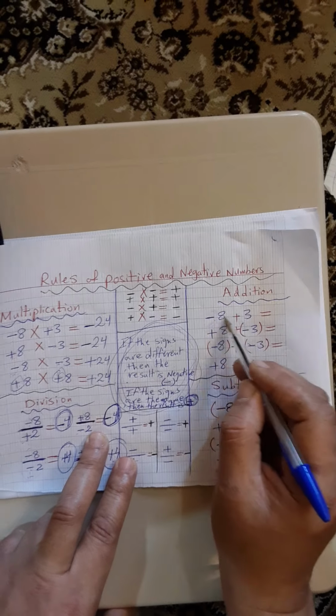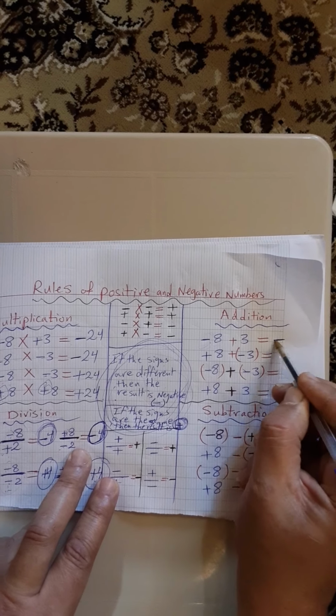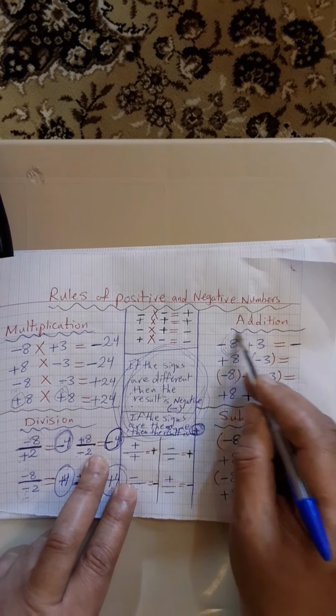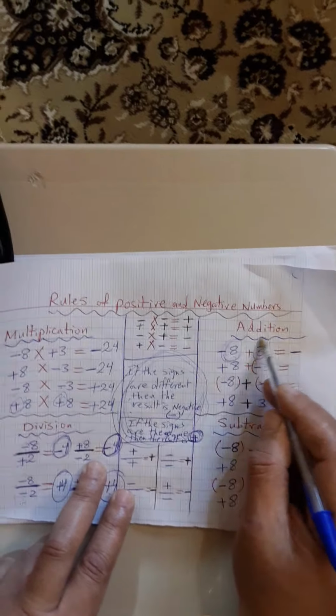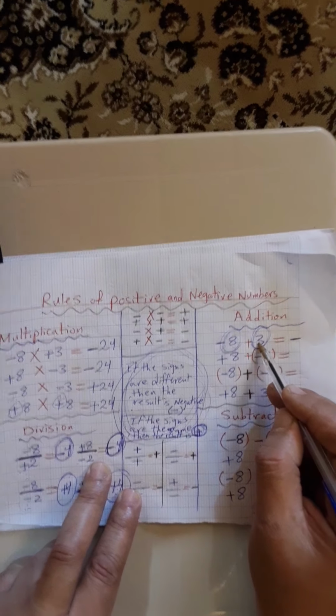In the addition operation, we can say the sign is related to the number before this number. Minus 8 plus 3: we can detect the minus because the value of 8 is greater than the value of 3 without the signs. 8 is greater than 3.